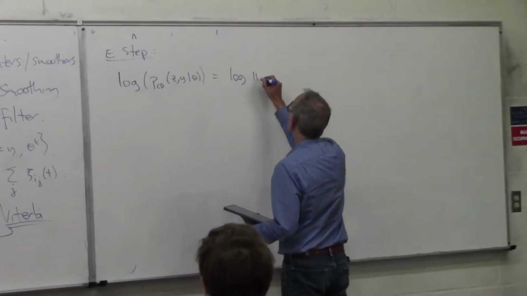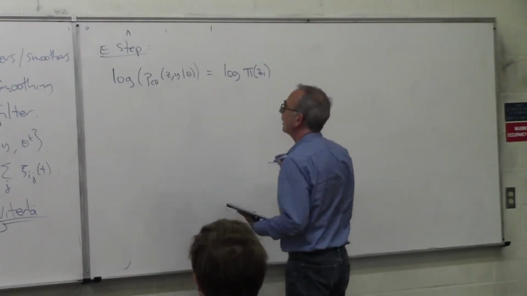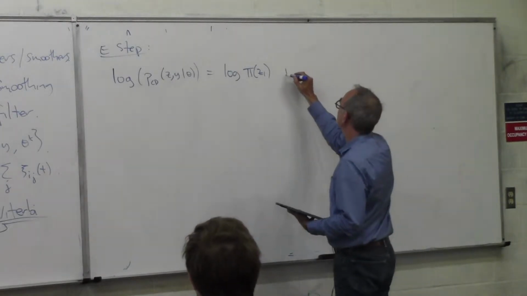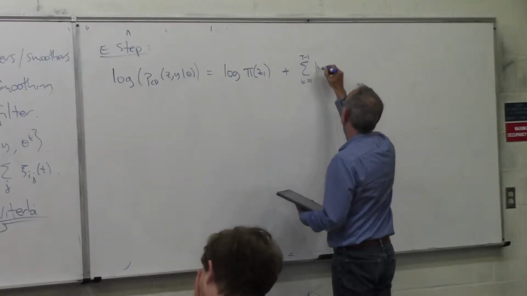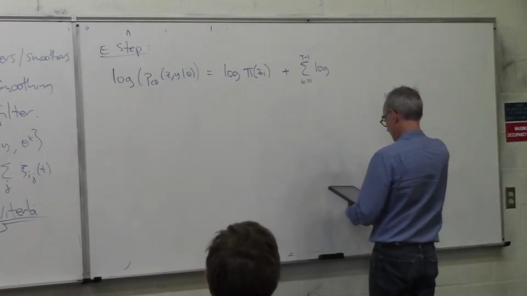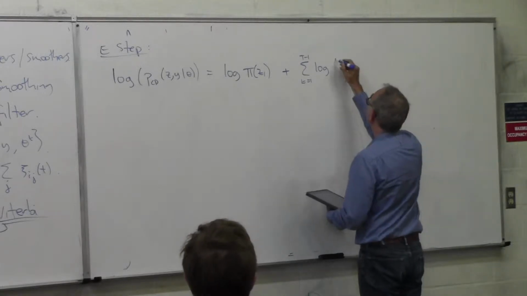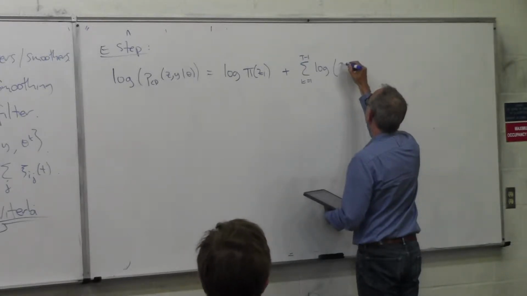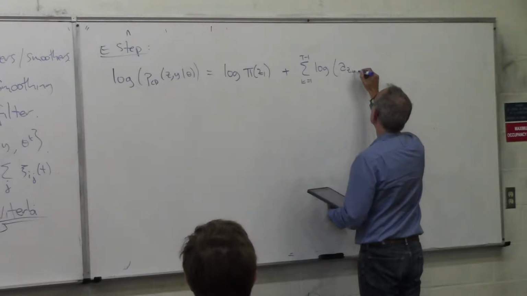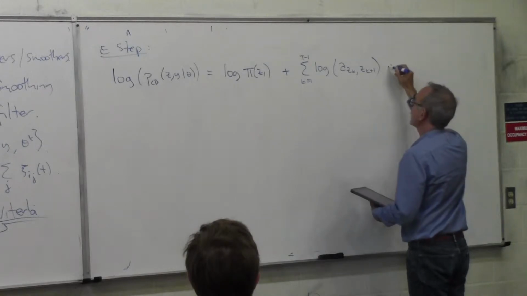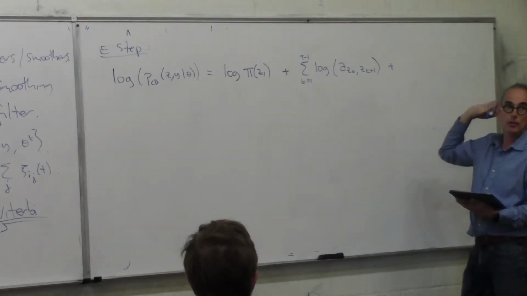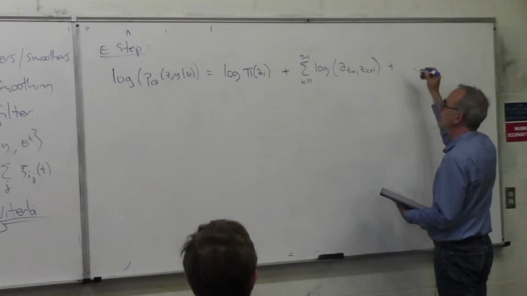So it's pz1, but we're going to call it pi. And then you have all the transitions. And plus the sum of the logs of all the observation terms.